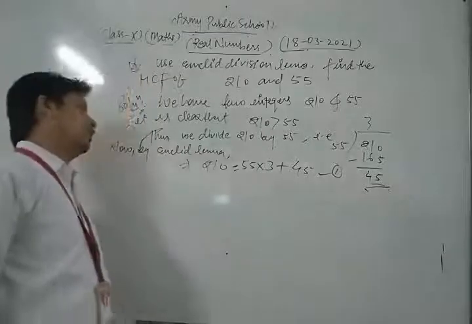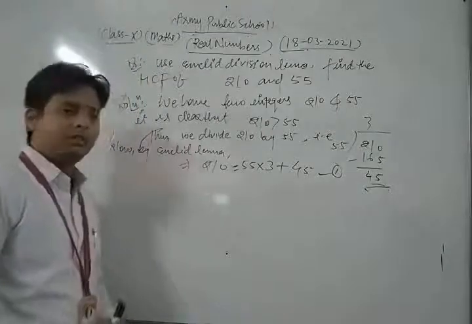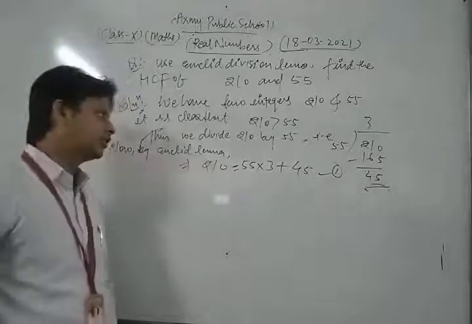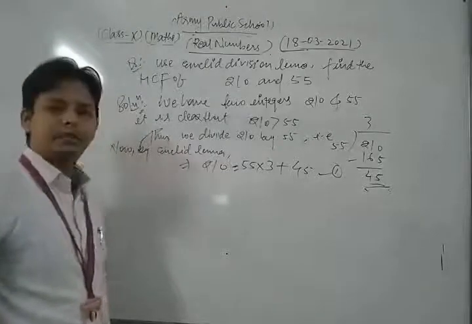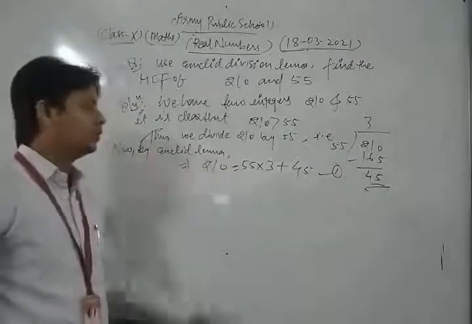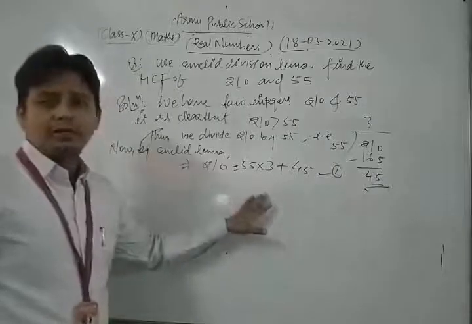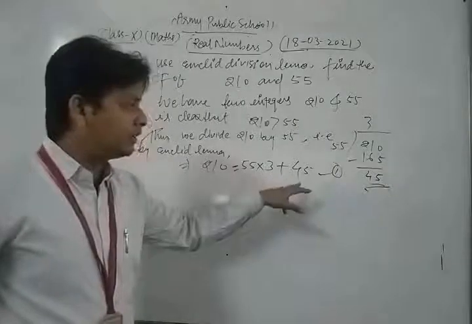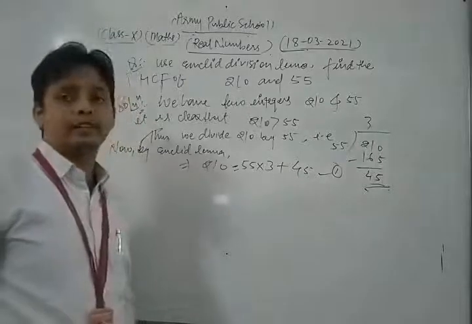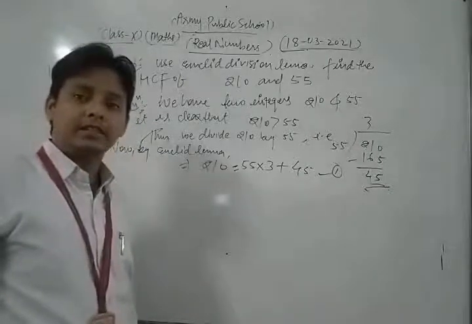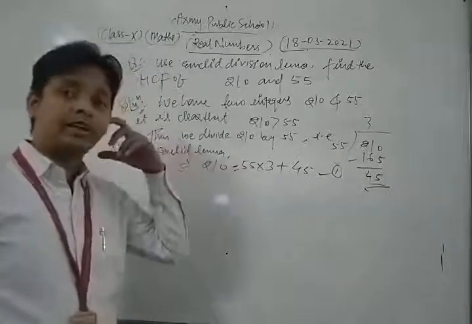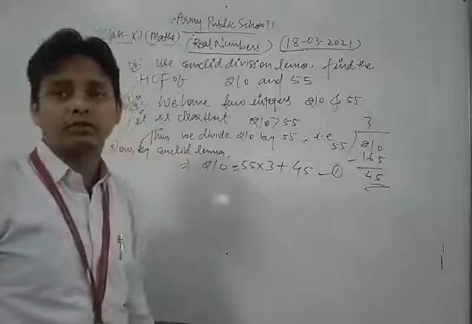Now we apply the Euclid division lemma: 210 is equal to 55 into 3 plus 45. This process is done until the remainder becomes 0. The last divisor, when the remainder becomes 0, is your HCF.